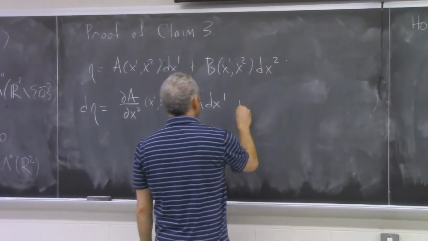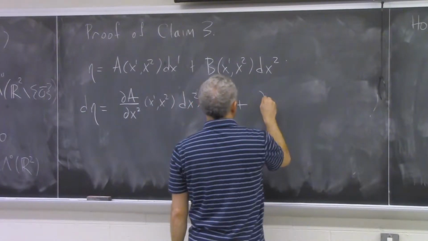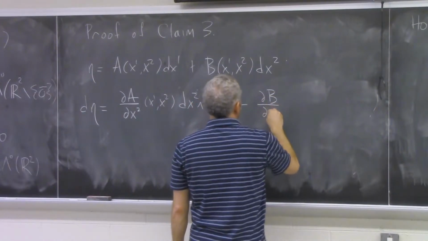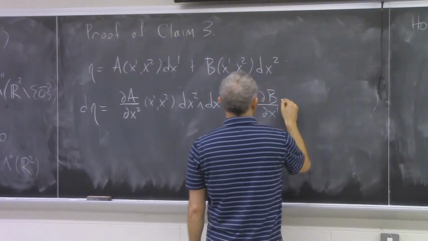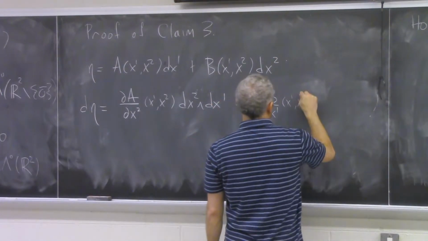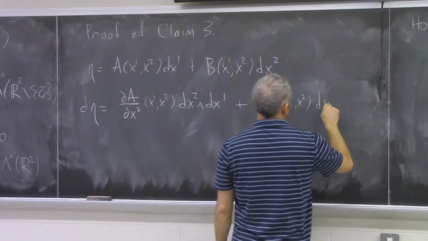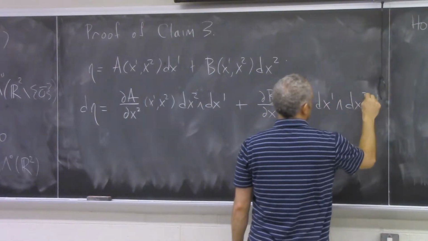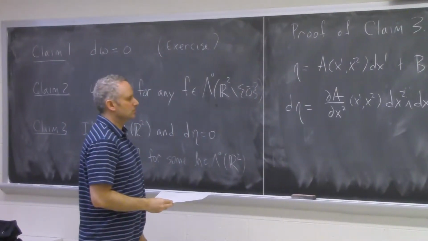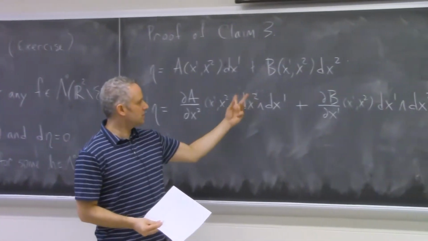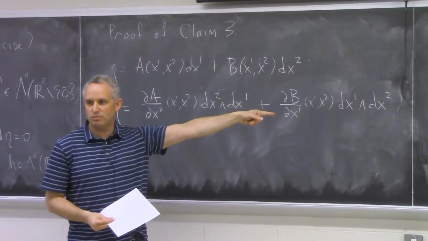And then when we continue to take the exterior derivative, we'll get the partial derivative of b with respect to x1 this time, evaluated at x1, x2, dx1 wedge dx2. All right, and this 2-form is minus that 2-form.